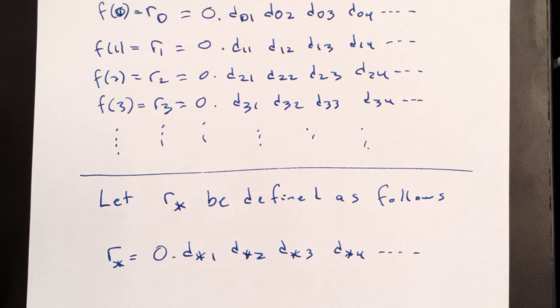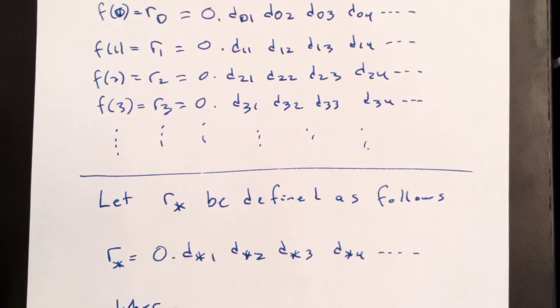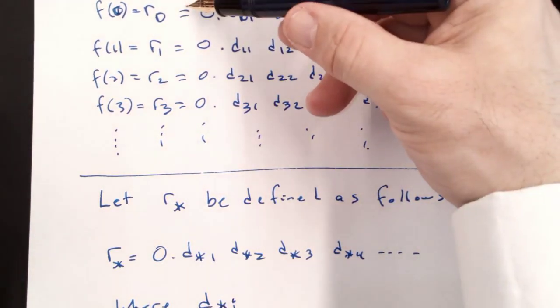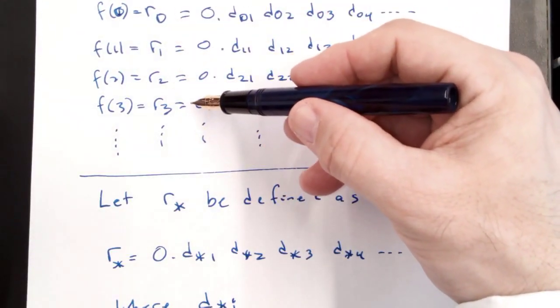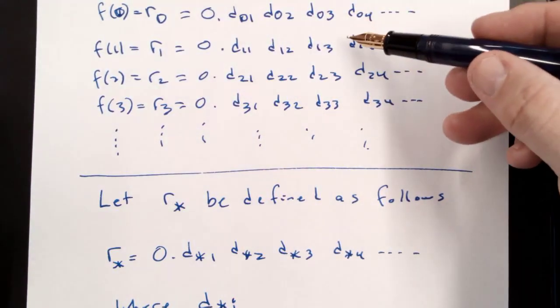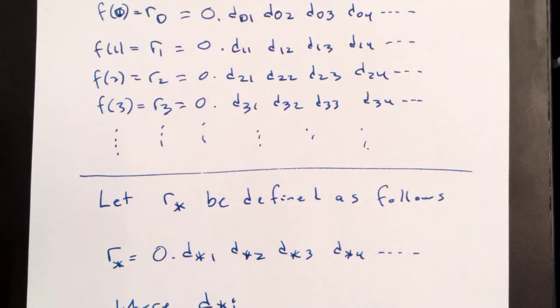I'm going to make a new number, where d star i, the ith digit of this number, comes from going to R i minus 1, taking the ith digit, and adding 1.